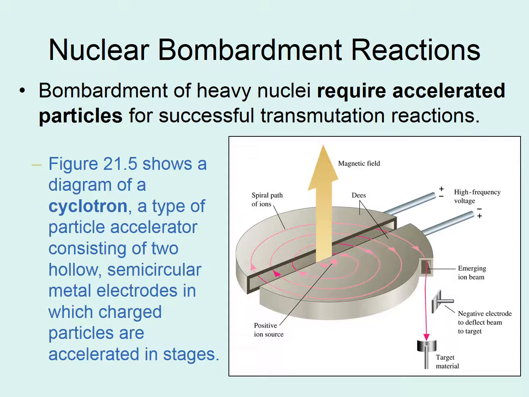A cyclotron is one type of particle accelerator where you take the source, say an alpha particle, and it comes out the center where there's a magnetic field that spins the particle, so as it spins it gets faster and faster. When it comes out it's going fast enough to bombard another particle. They can't just throw it like a softball; you have to hit them really fast. A cyclotron, or a particle accelerator, gets these particles going extremely fast so that they can collide with other particles.